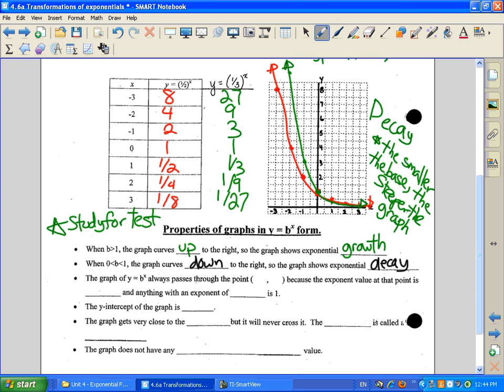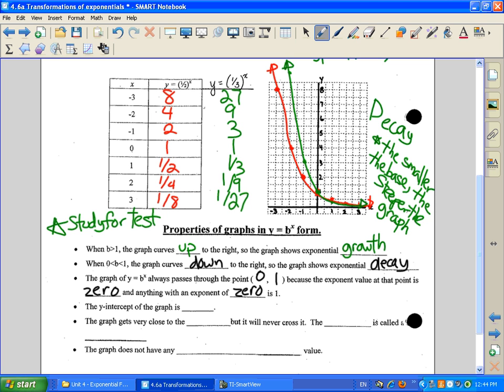Okay, the graph of y equals b to the x always passes through the point 0, 1, because the exponent value at this point is 0, and anything with an exponent of 0 is 1. Okay?